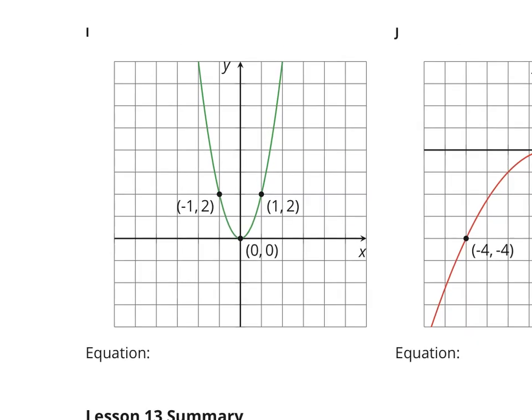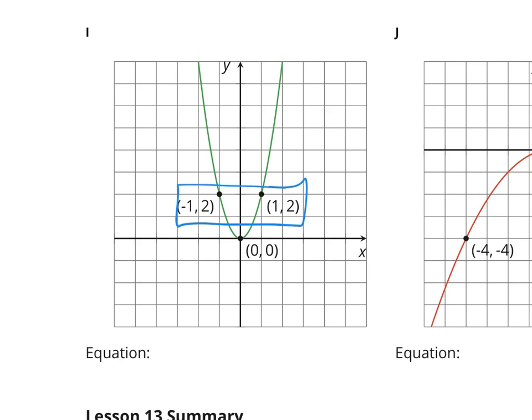So graph I is a little bit different. There's no shifting side to side, it doesn't move up or down. The x-intercept and the y-intercept are the same. Everything's at the origin. But what I do notice here is that these two ordered pairs are different than the very first graph we looked at, right? In the first graph, my ordered pairs were negative 1, 1, and 1, 1.